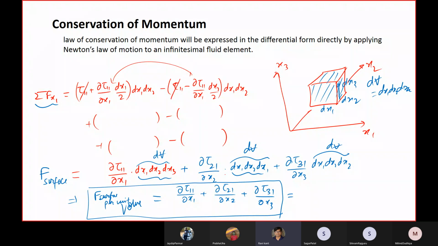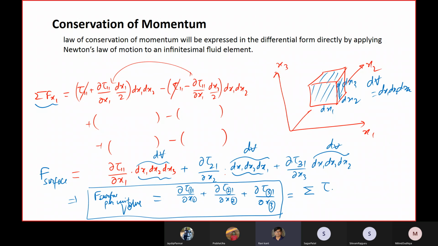Can I write this in tensor notation here? Can somebody help me, tell me how to write tensor notation here? This is nothing but a summation over tau, with indices 1, 2 and 3: 11 is there, 21 is there, 31 is there. So there is a summation sign.